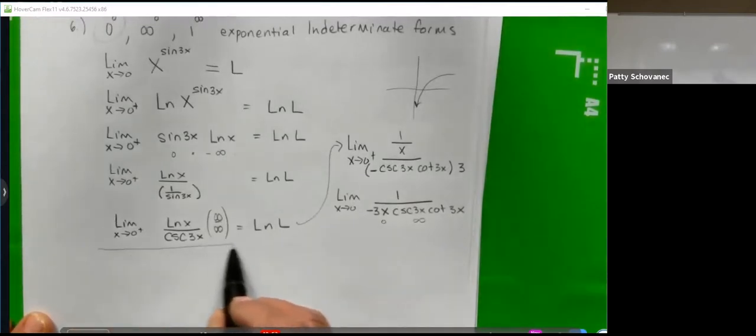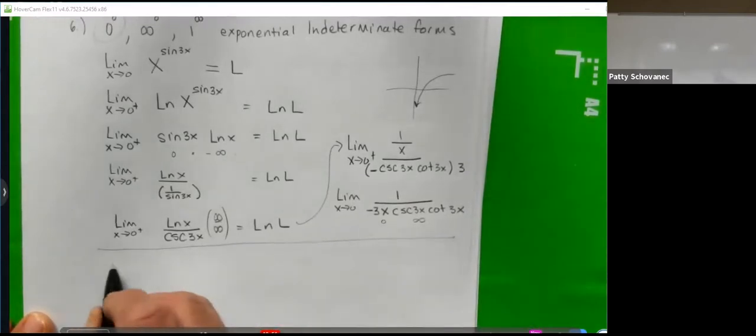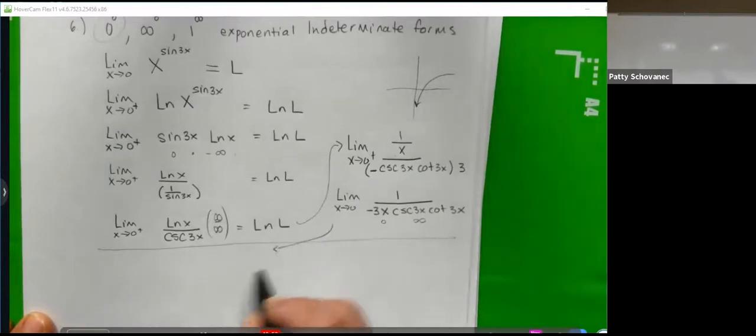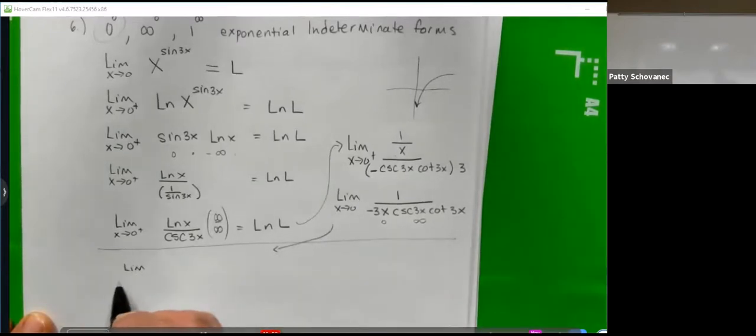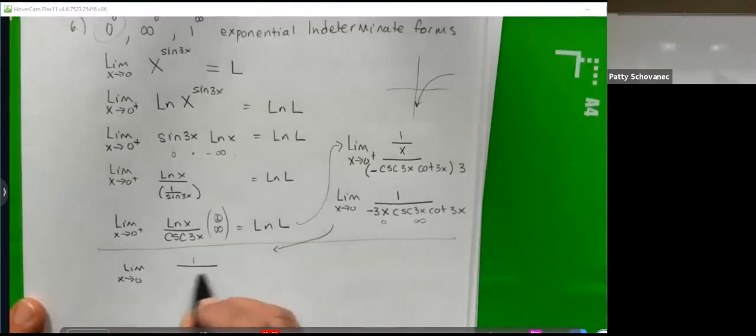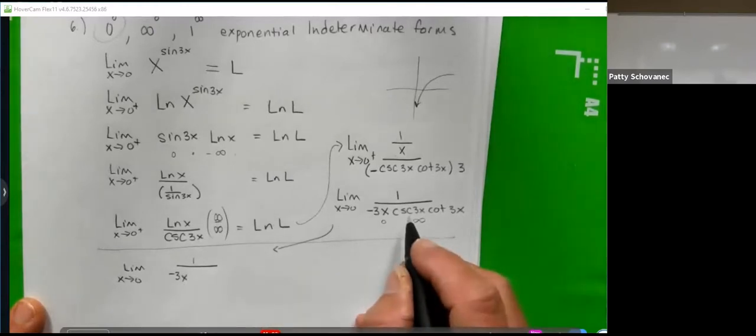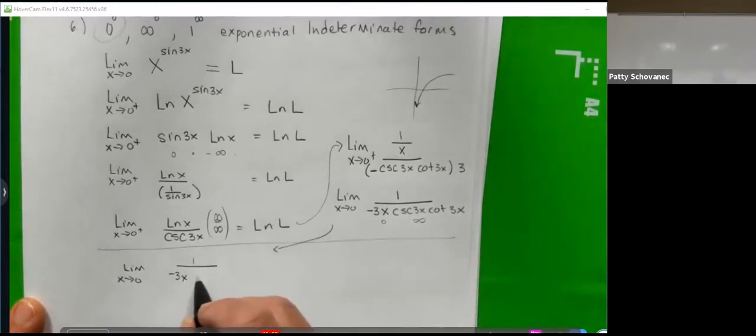So now let me bring it back here. And so I'm going to have 1 over negative 3x. This is 1 over the sine. So let's just put it here.